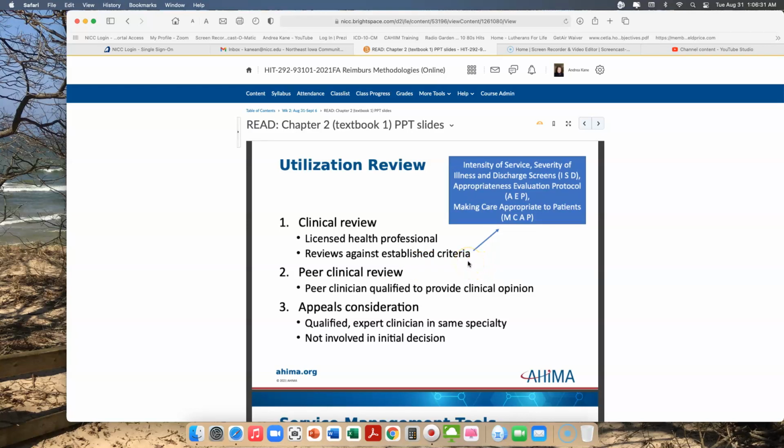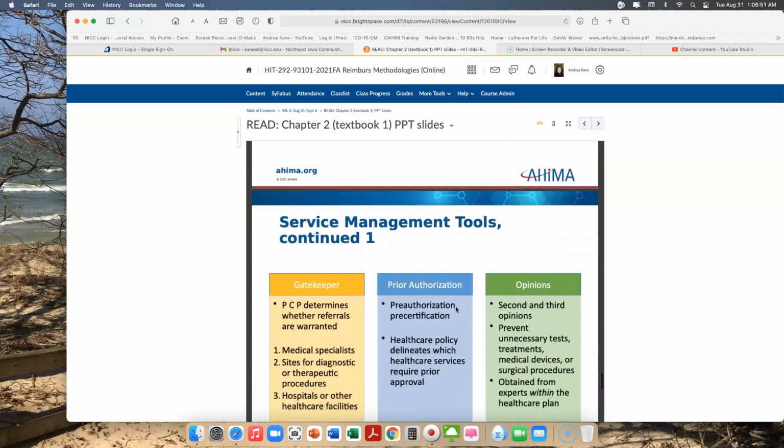You may have heard of InterQual, that's one type. Then there's peer clinical review using physicians to provide clinical opinions, and then there's appeals consideration, where you have a qualified expert clinician in the same specialty who wasn't involved in the initial decision, looking over the utilization.